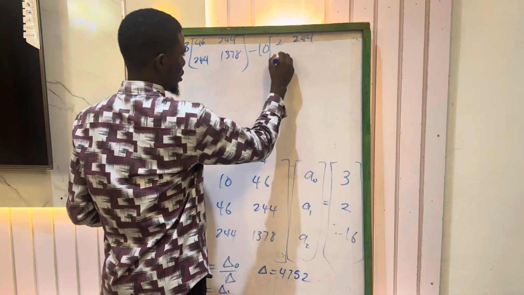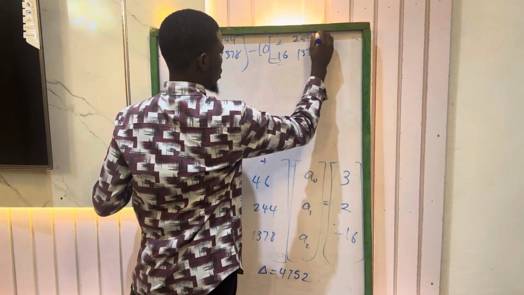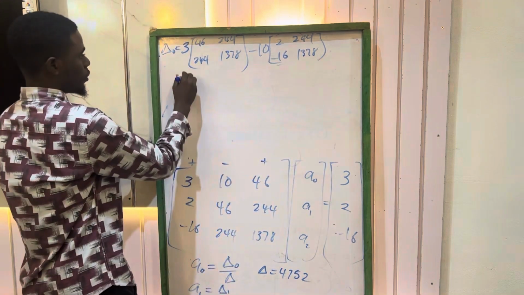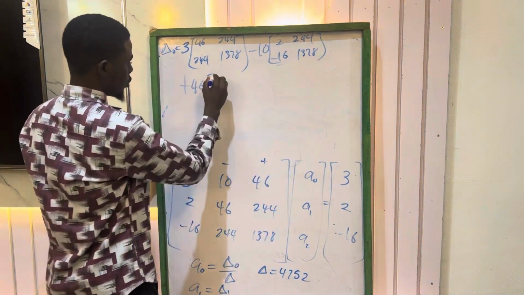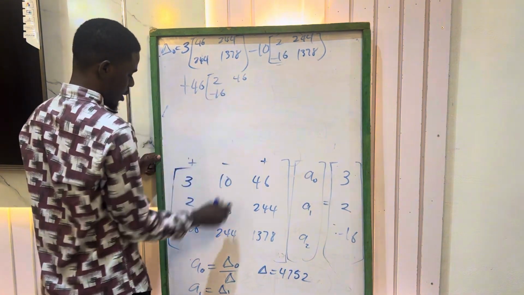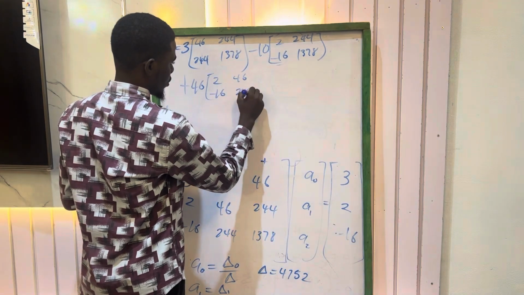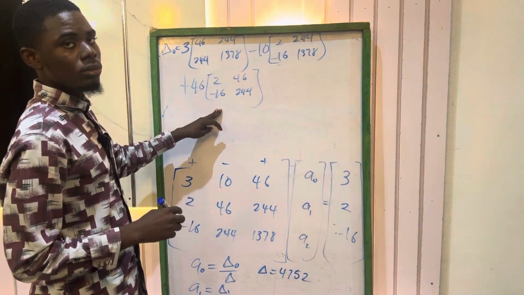Then minus 16 and 1378. Then the last term is going to be plus 46. So when you close here and close here, you're going to be having 2, then 46, then minus 16 and 244. So we just go ahead and compute this.